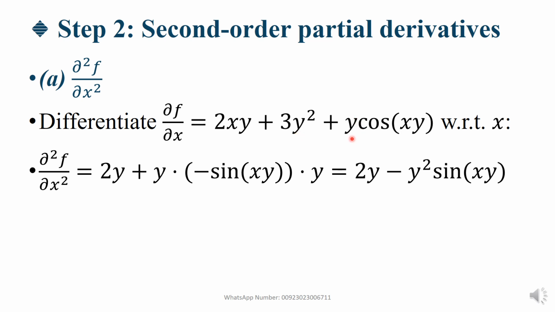Then y stays the same, the derivative of cos is minus sin, and the inner derivative of xy with respect to x gives y. Multiplying y and y, we get minus y squared sin xy.